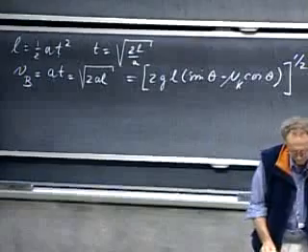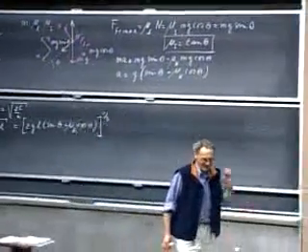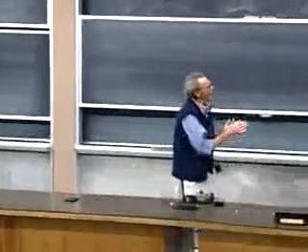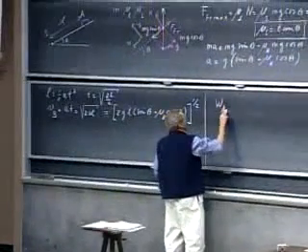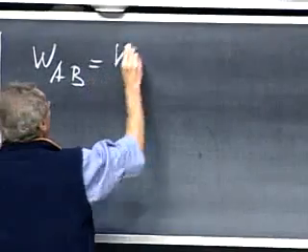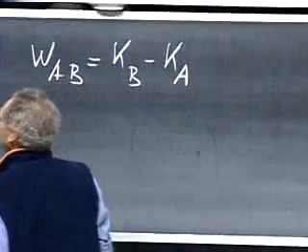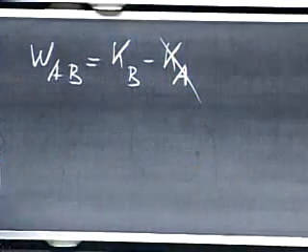I, however, would not do it that way. I don't find it very elegant. I would say, hey, why not apply the work-energy theorem? Why not say that the work done when that object moves from A to B must be the kinetic energy at point B minus the kinetic energy at point A. Now I know that I released it at 0 speed, so this is 0.